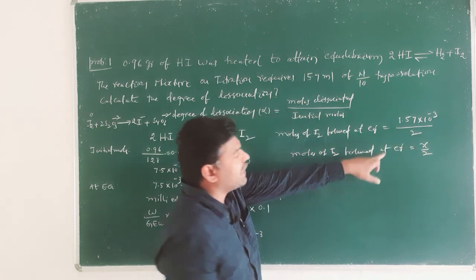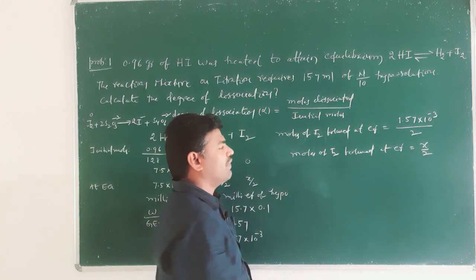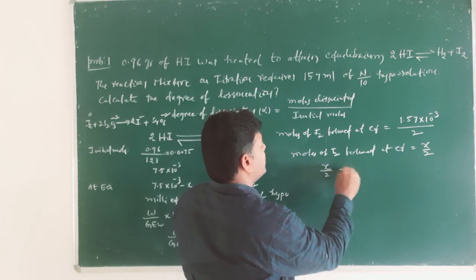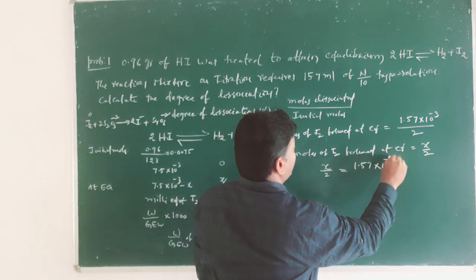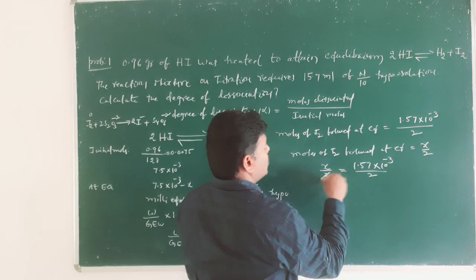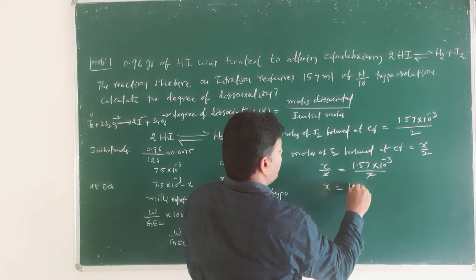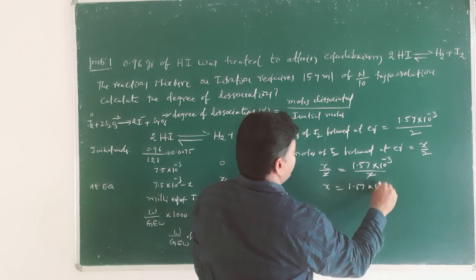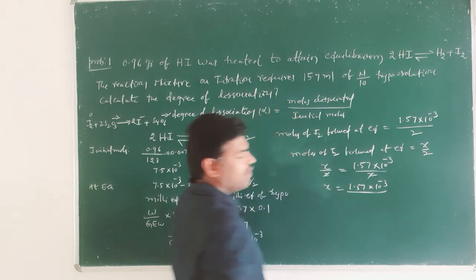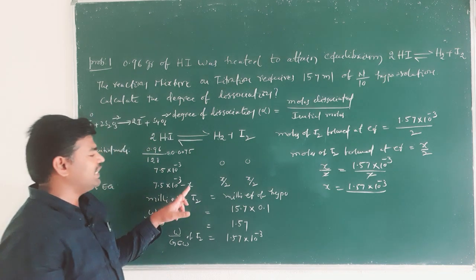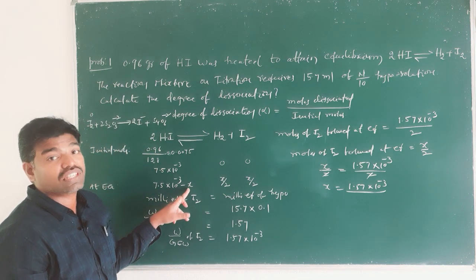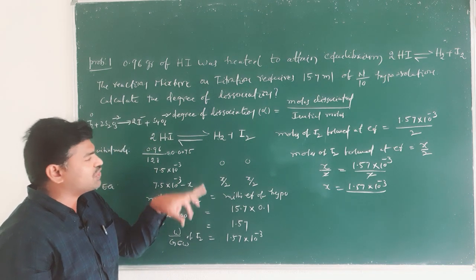So these two are equal: x by 2 is equal to 1.57 into 10 power minus 3 by 2. So the 2 gets cancelled, x equals 1.57 into 10 power minus 3. So what is x here? x is moles dissociated.